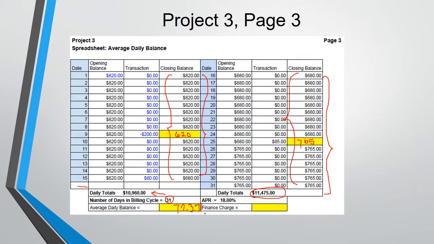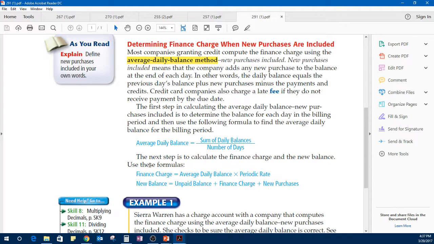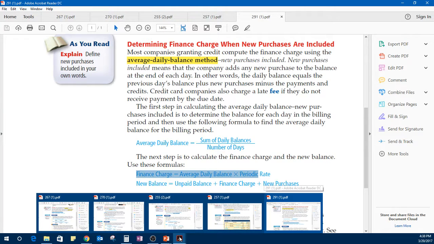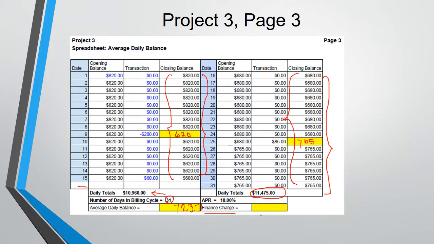Finance charge. If you look at the same PDF, it tells you right here. The finance charge is the average daily balance times the periodic rate. So what we're going to do is go back here really quick. I'm going to write FC for finance charge equals the average daily balance, so ADB, times the periodic rate, PR.